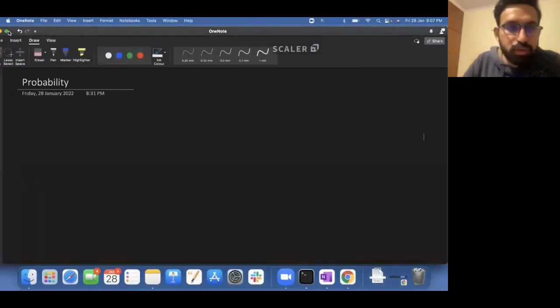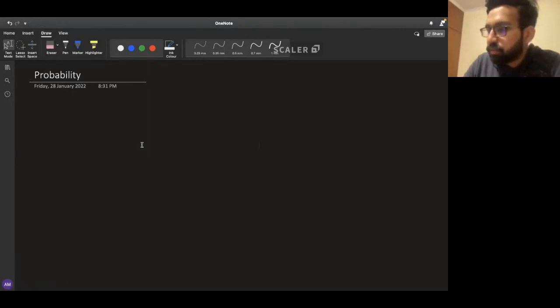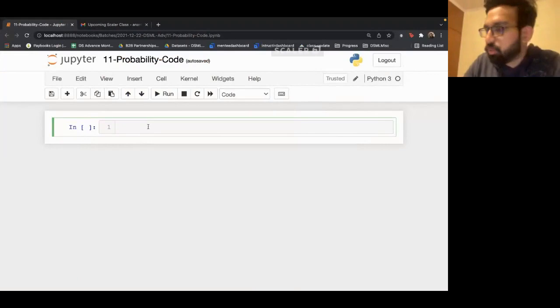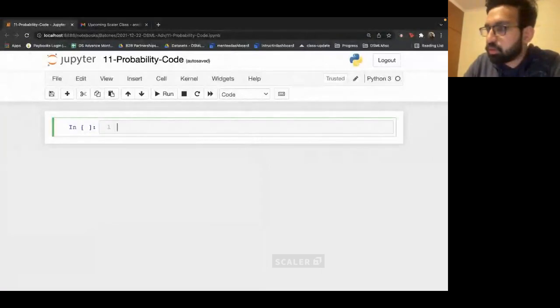Notebook. Okay. Are you still able to see OneNote properly? And are you able to see Jupyter Notebook code? Perfect. Okay, I think this should be good then.